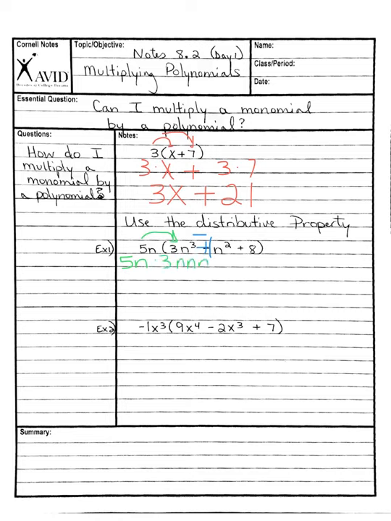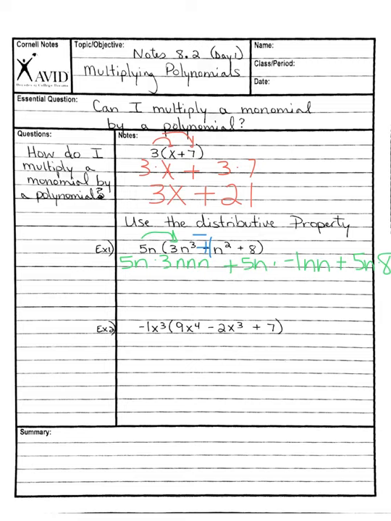This is why it was important to understand our exponents. Plus, we're going to have 5n times negative 1n squared, and we're going to add 5n times 8.